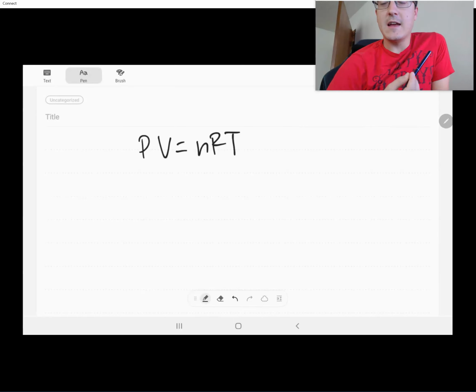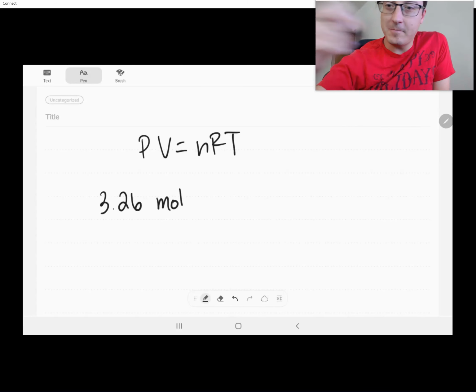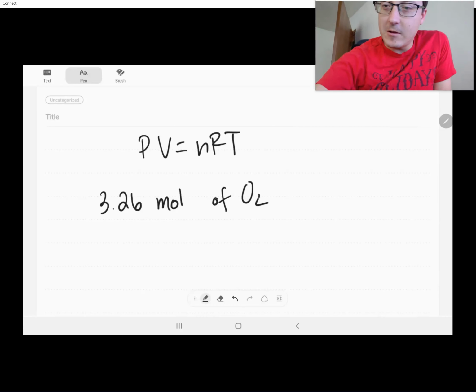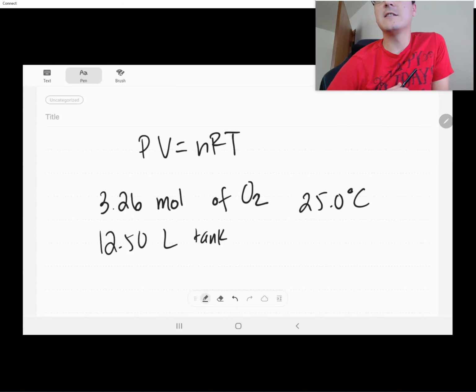Let's go ahead and say that I have oxygen gas, 12.5 liter tank, and 25 degrees Celsius.